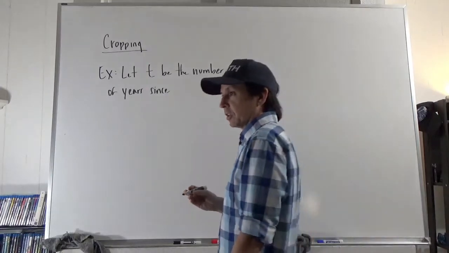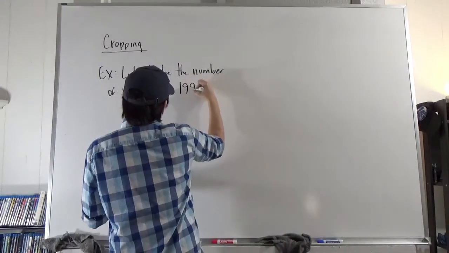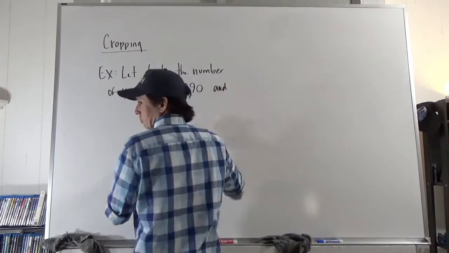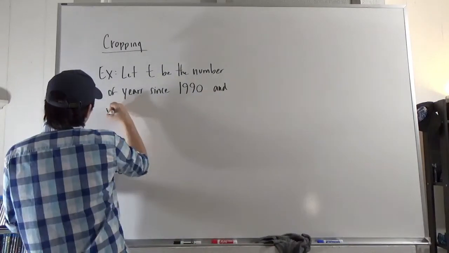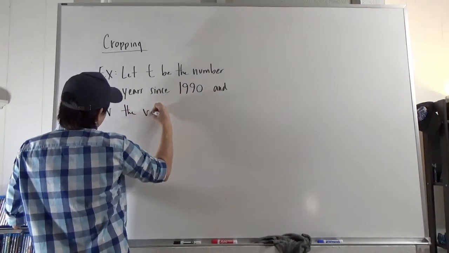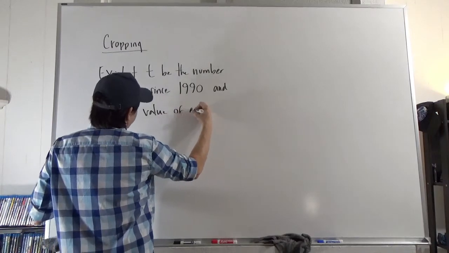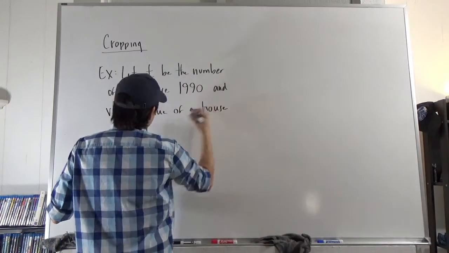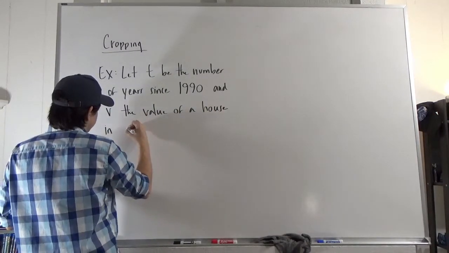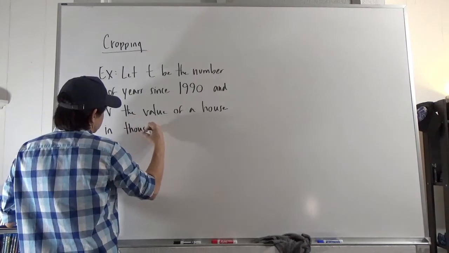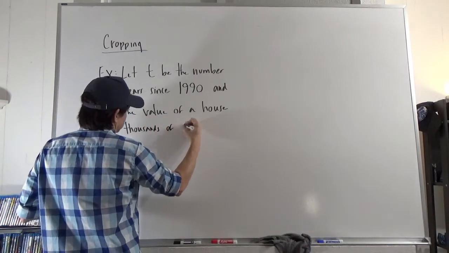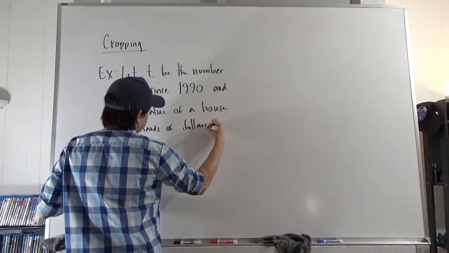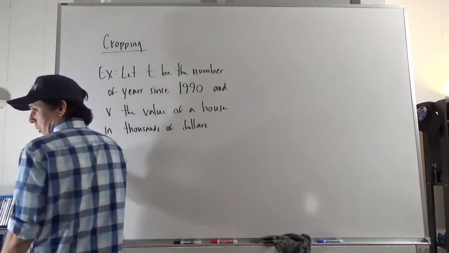Here it's going to be since 1990. And V, the value of a home or a house in thousands of dollars. Ooh, I wrote this too big. I'm going to need to erase.